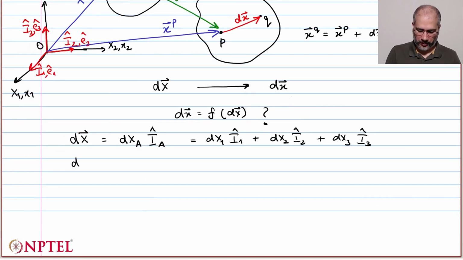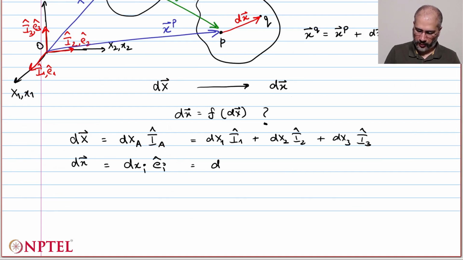Similarly, for the position vector d small x in the deformed configuration, I can write this as d small xi times ei hat. Now this we are expressing in the spatial coordinate system because that is what we do. All the undeformed configurations are written in the material coordinate system and the deformed configurations are written in the spatial coordinate system.